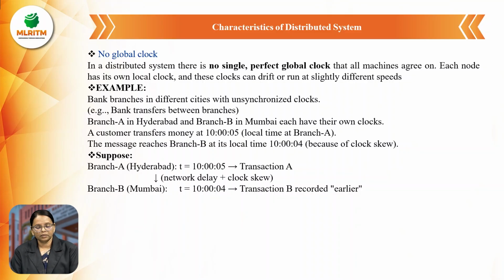A customer transfers money at 10:05, the local time at branch A. The message reaches branch B at its local time of 10:04. Because of clock skew, there is a time variation. Branch A Hyderabad shows 10:05 for transaction A, and with network delay, branch B Mumbai shows 10:04, so transaction B is recorded earlier.